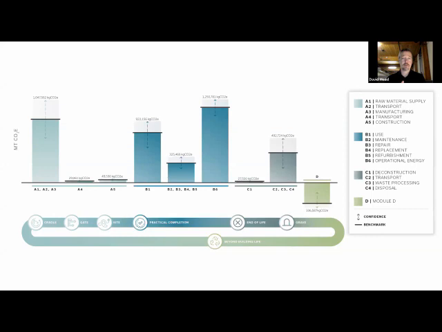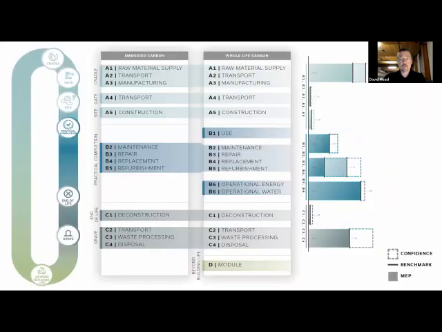I have a pet peeve with projects where they show the overall carbon emissions to like 3 decimal points, because in reality, you know, it's plus or minus a decent percentage based on the data quality. This is just another way to look at that. So looking at the stages and this kind of level of confidence across the board.